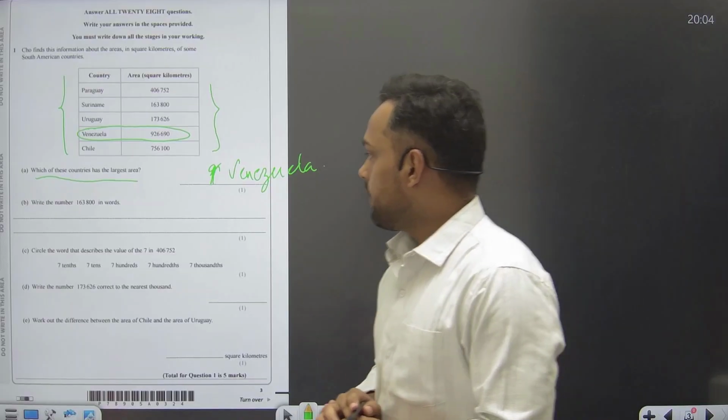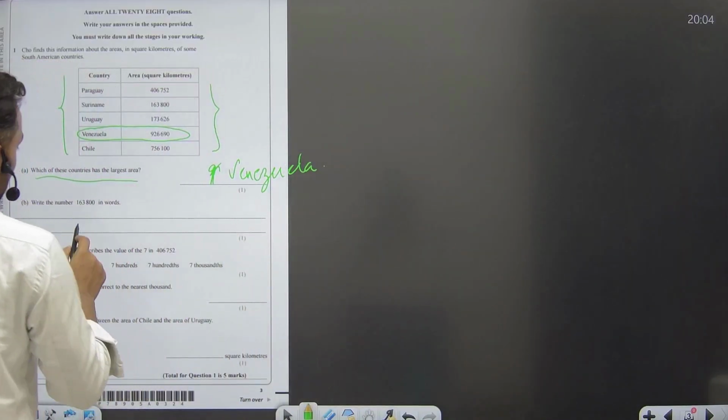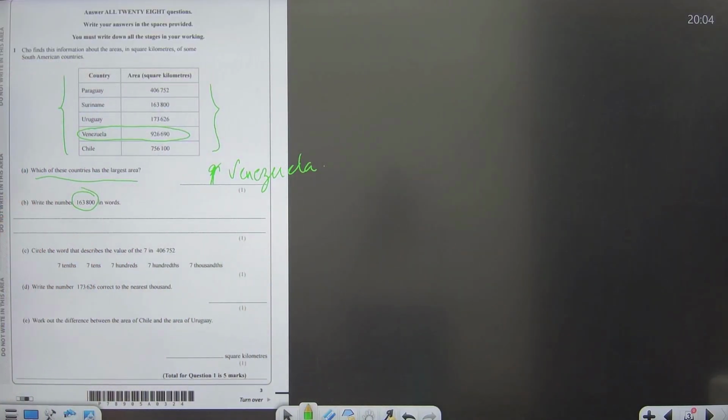Now the second question is to write a number in words. They have given a particular number, 1,063,800, in words.